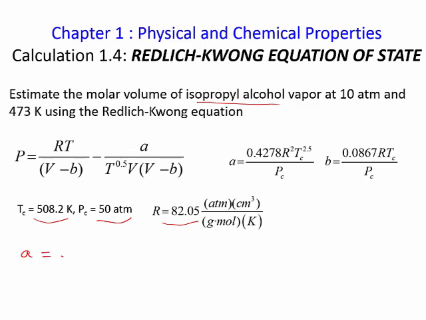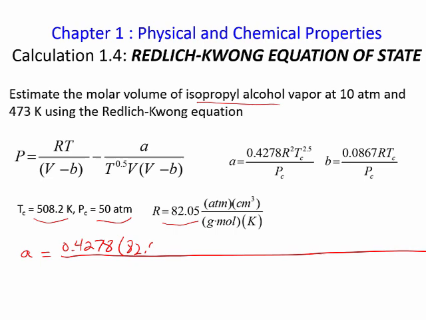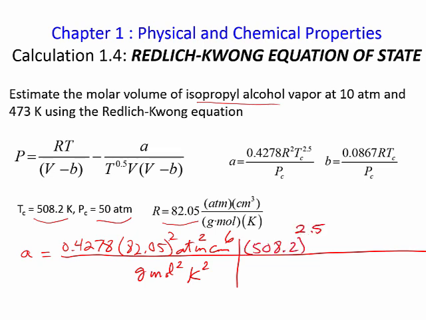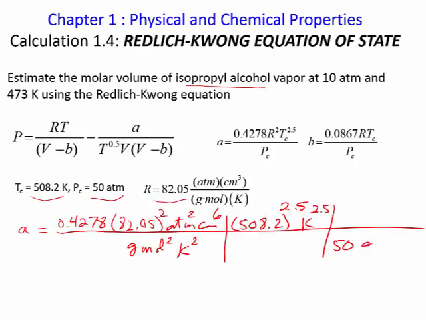A is equal to 0.4278 times 8205 squared, in atmosphere squared centimeter to the power 6 per gram mole squared Kelvin squared, times Tc to the power 2.5, 508.2 Kelvin to the power 2.5, divided by Pc of 50 atmosphere.